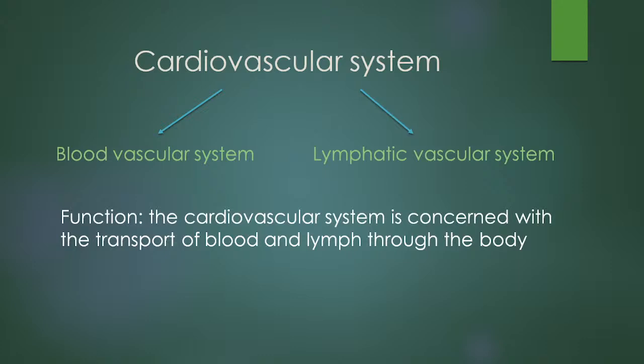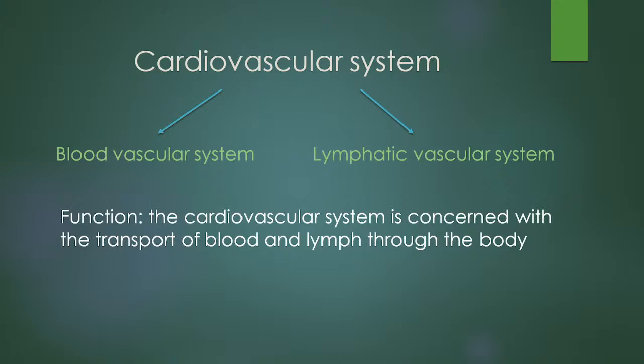The cardiovascular system is concerned with the transport of blood and lymph through the body. The cardiovascular system consists of the blood vascular system and the lymphatic vascular system.